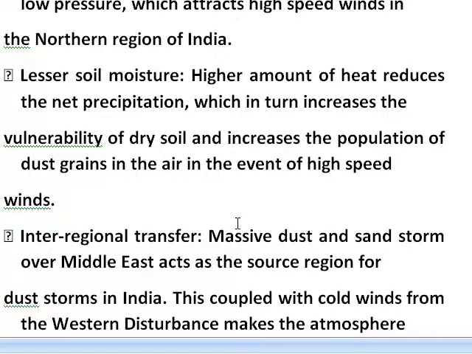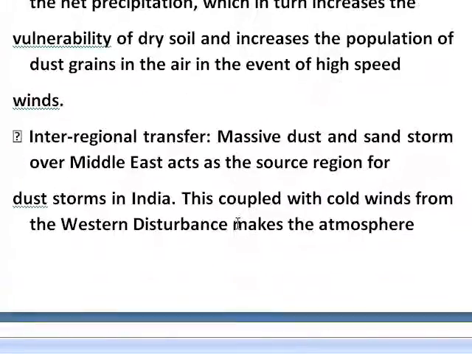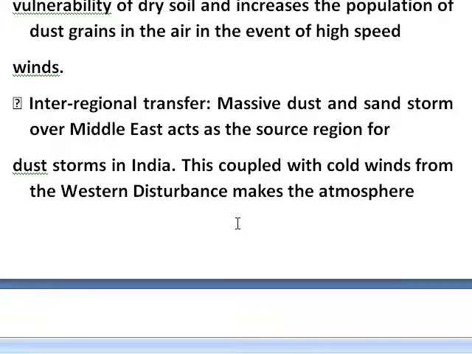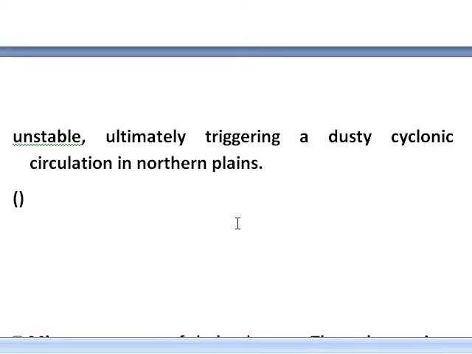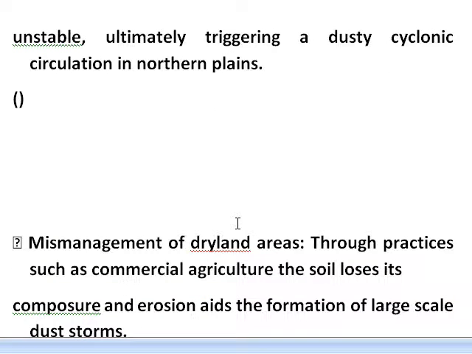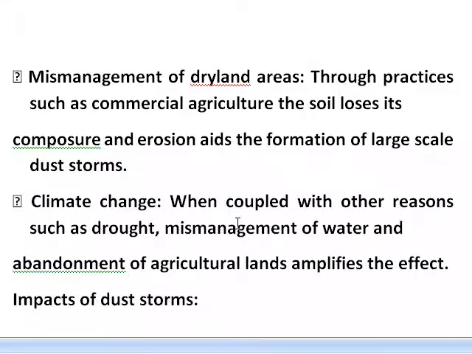In the event of high-speed winds, interregional transfer occurs: massive dust and sandstorms over the Middle East act as a source region for dust storms in India. This, coupled with cold winds from the western disturbances, makes the atmosphere unstable, ultimately triggering a dusty circulation in the northern plains.